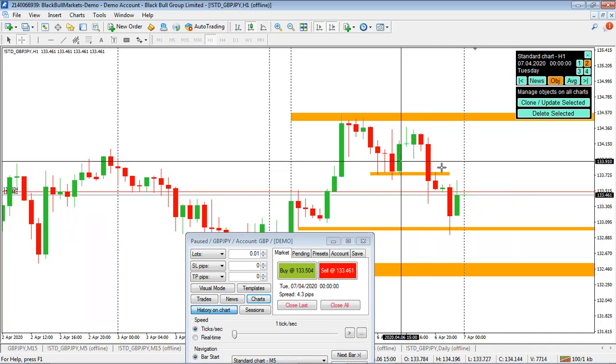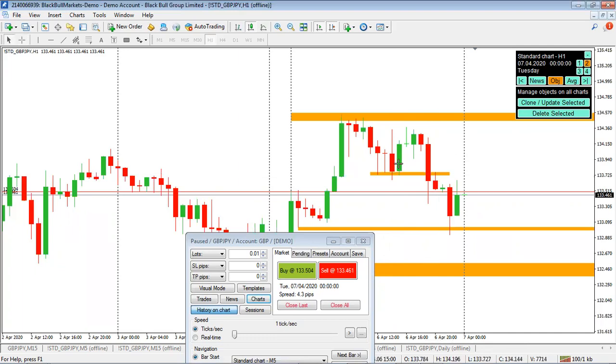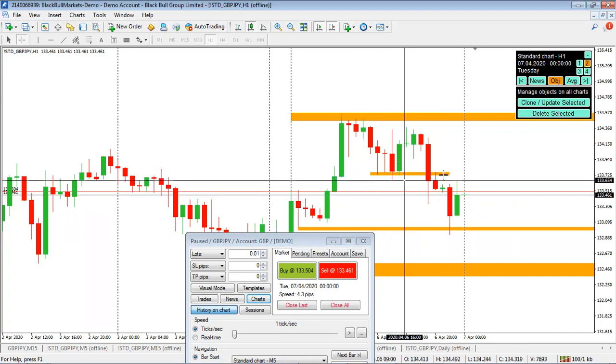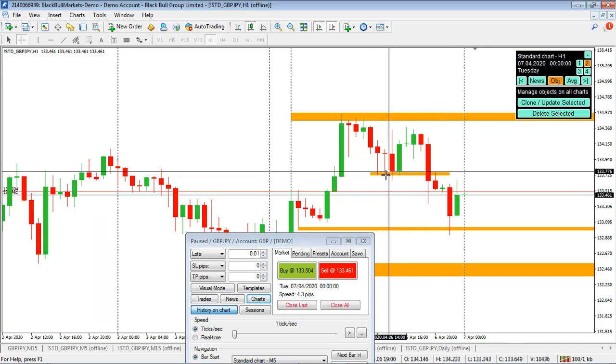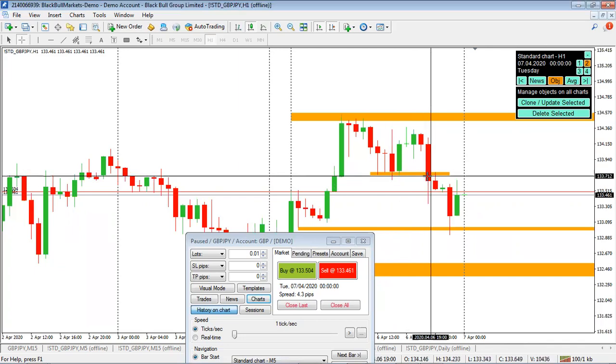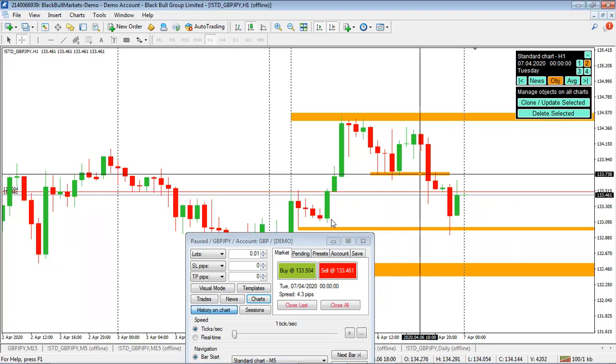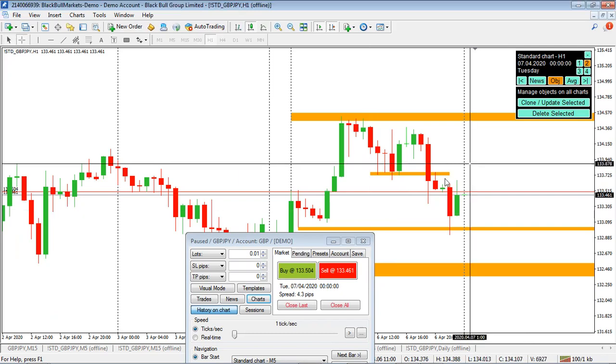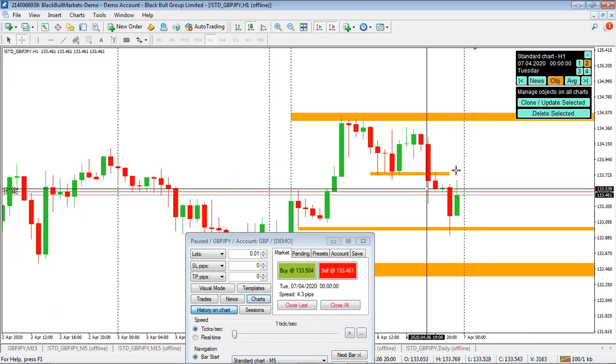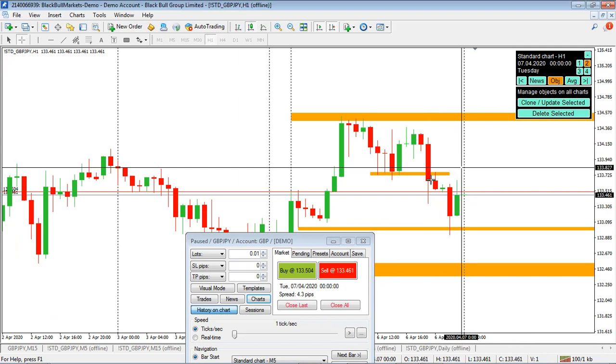We cross this level right here to these clear candlesticks. Somehow we did expect that crossing below this level, we'd end up testing these levels here. So that's basically what happened.